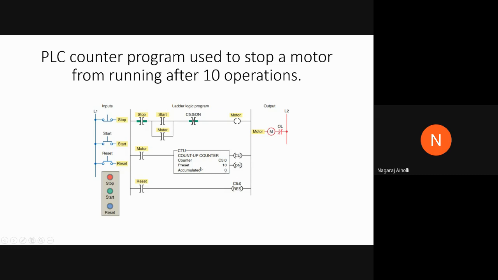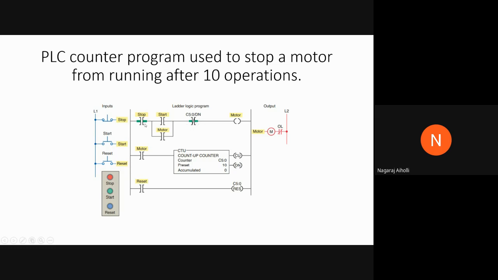The accumulated value is 0, the preset value is 10. Only when it counts 10 will the done bit become high. Otherwise the done bit will be 0 initially. As the done bit is 0 initially, this is an examine if open contact instruction, so it becomes true.